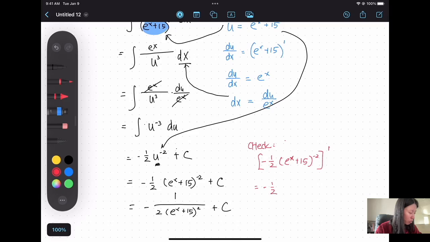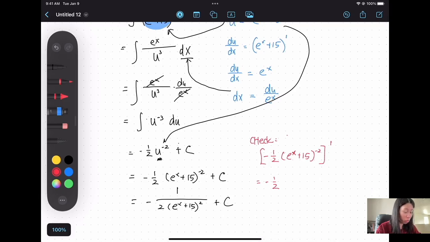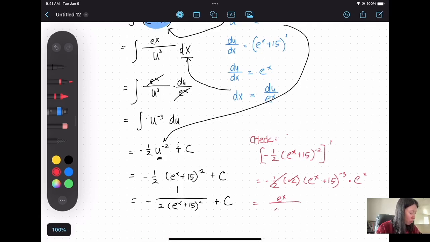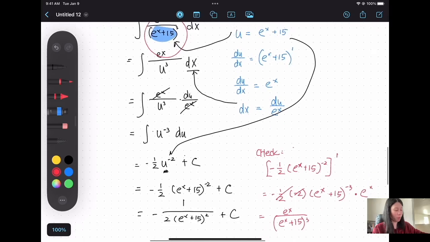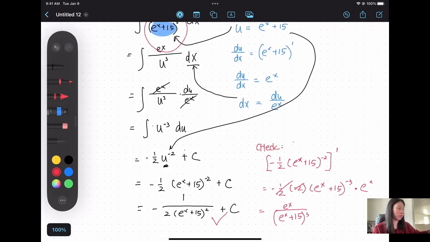So I have a negative 2, and now apply the chain rule, which is negative 2 times (e to the x plus 15) to negative 3, times whatever the derivative of the inside of the parentheses is, e to the x. So these two cross cancel, and I end up with e to the x over (e to the x plus 15) to the third power, which is our original function. So that means this is correct.